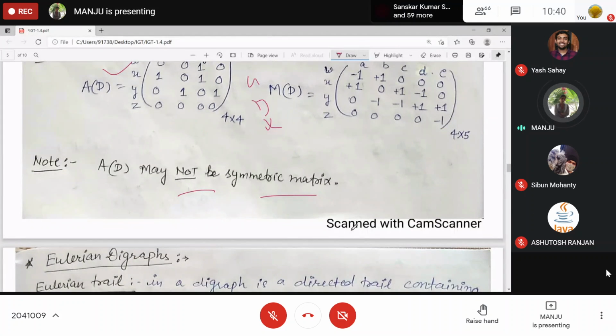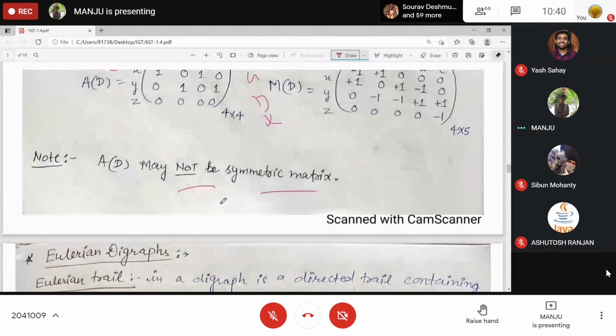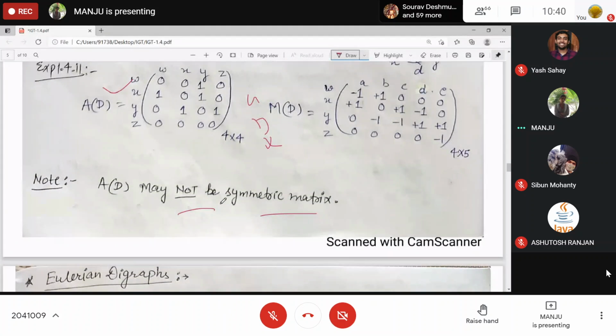Then same thing is Eulerian digraph. Eulerian trail, Eulerian circuit. What was the Eulerian trail in graph G? Tell me these three definitions: Eulerian circuit, Eulerian trail, Eulerian graph. Ma'am, Eulerian graph is the one which contains Eulerian circuit.